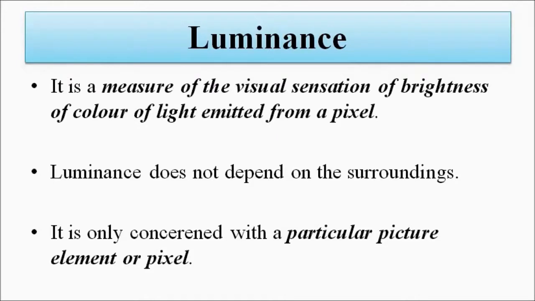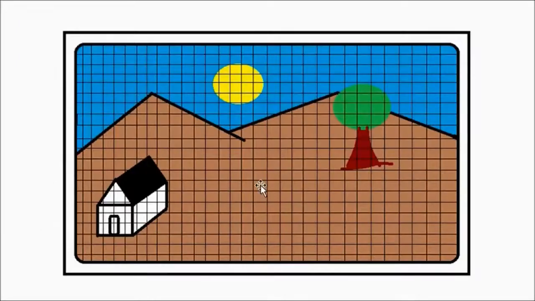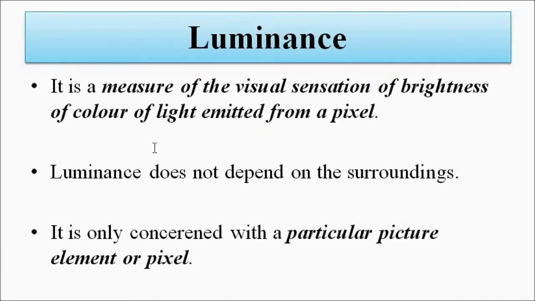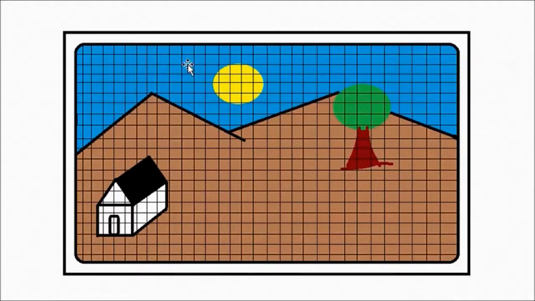For example, let's say we have an image and we convert it into horizontal and vertical pixels, and the amount of light coming out from one single pixel is called luminance. It does not take into account the surroundings or the overall brightness. It is only the brightness coming from a certain pixel.